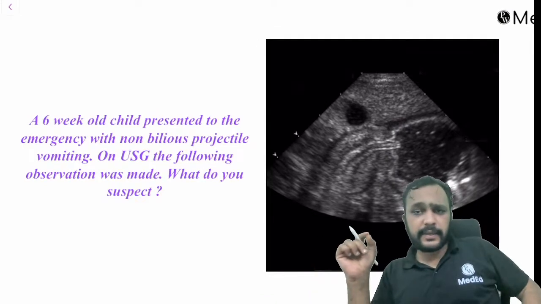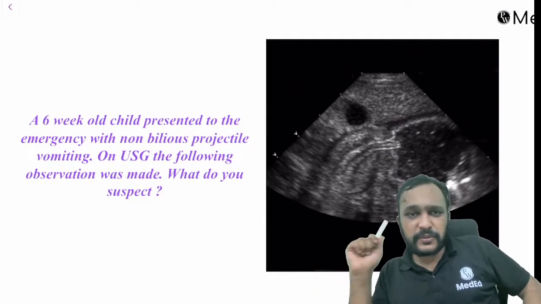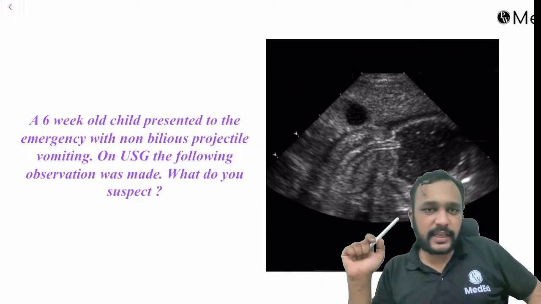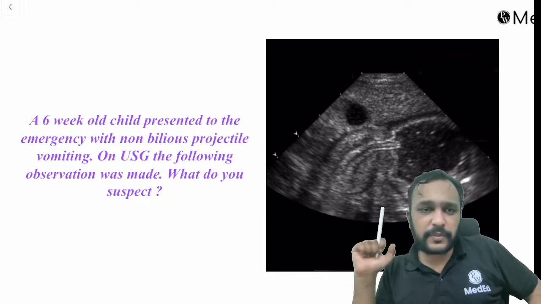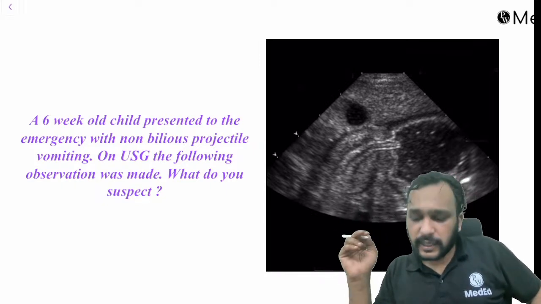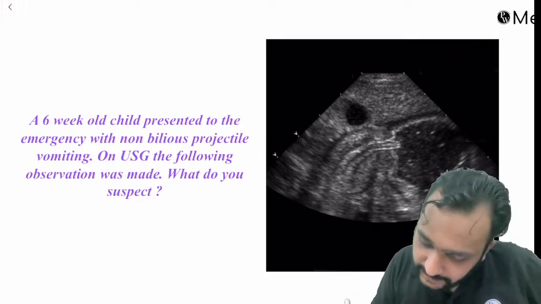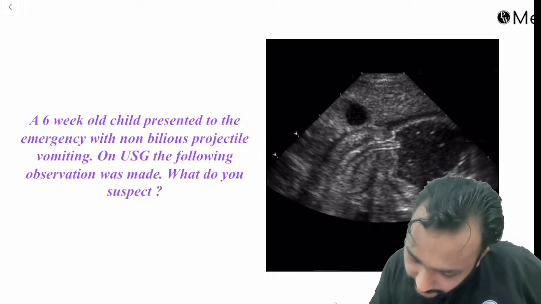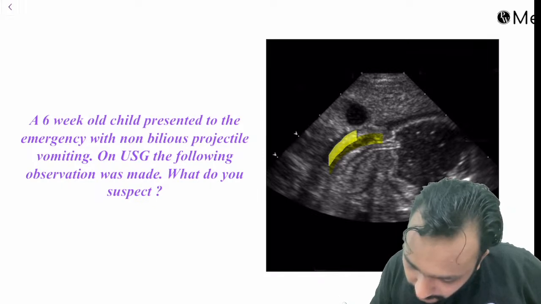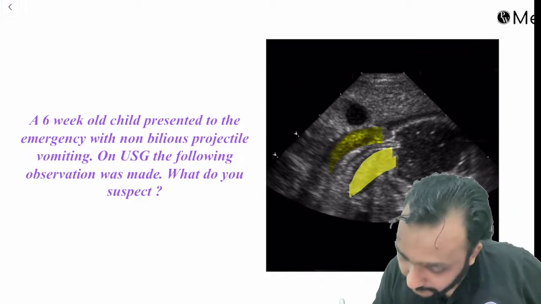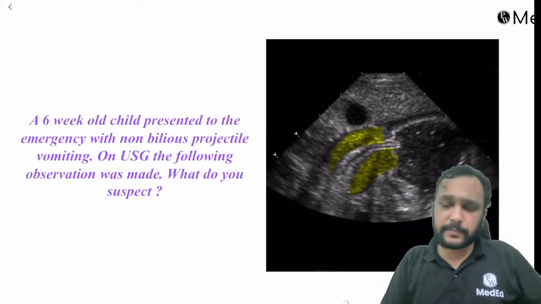Now, this patient presented to the emergency with non-bilious projectile vomiting. Right? On ultrasound, you see that this patient has a thickened pylorus. And guys, what is the thickness of this pylorus?